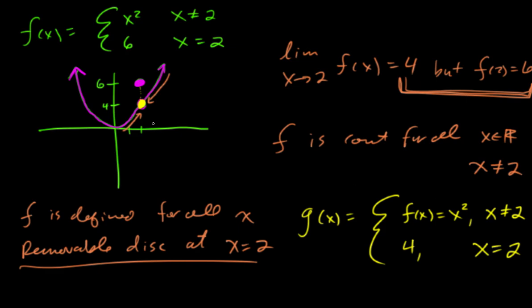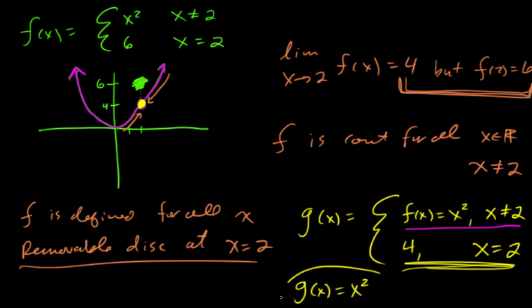So if we look at this graph, all of this represents the pink portion without that dot, because we're not defining it at x equals 2, and instead we're filling it in with a new yellow dot at that point, and then that makes it continuous. And so g of x, written more simply, is just x squared.